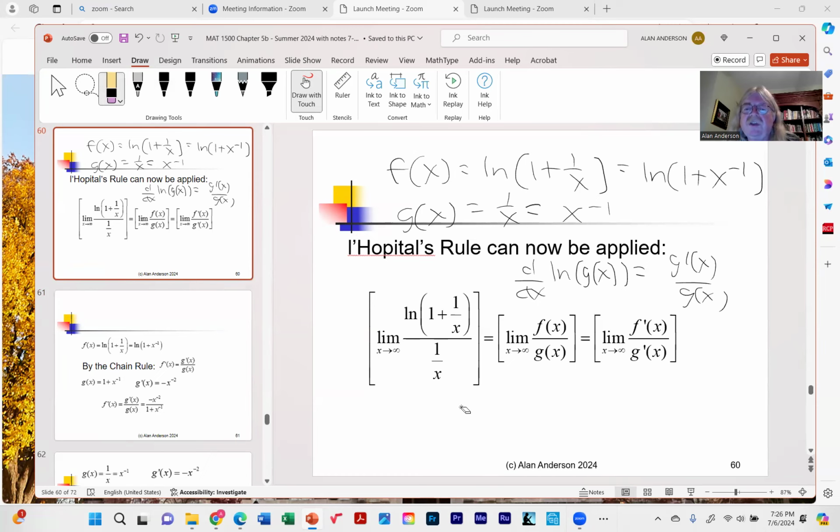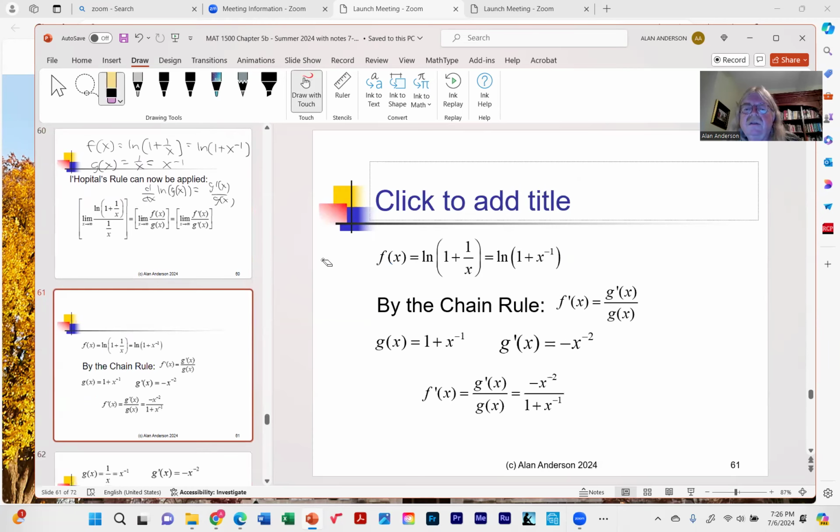Because the original function was f of x, I'll tell you what, let's do this.